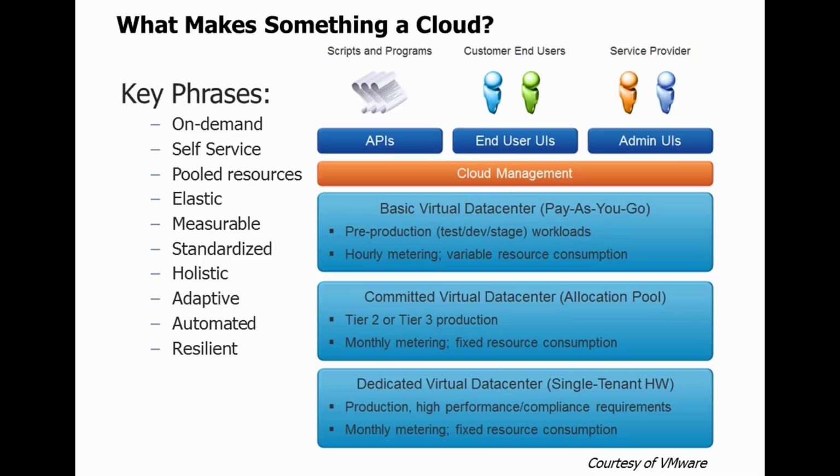So that pay-as-you-go, for example, would be as you spin up a virtual machine, you pay only for what you use. Whereas allocation pool, you might be buying a dedicated amount of resources from your cloud, and it may be that you're charged whether or not you use it or not, and so on and so forth.